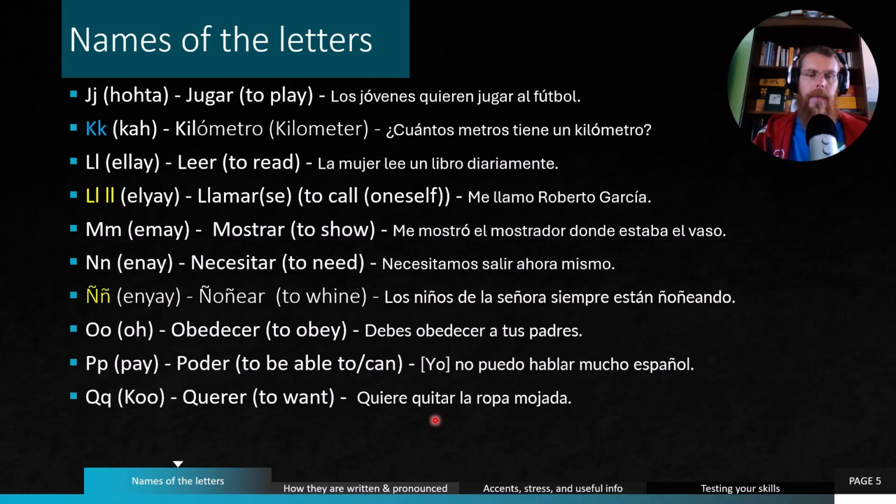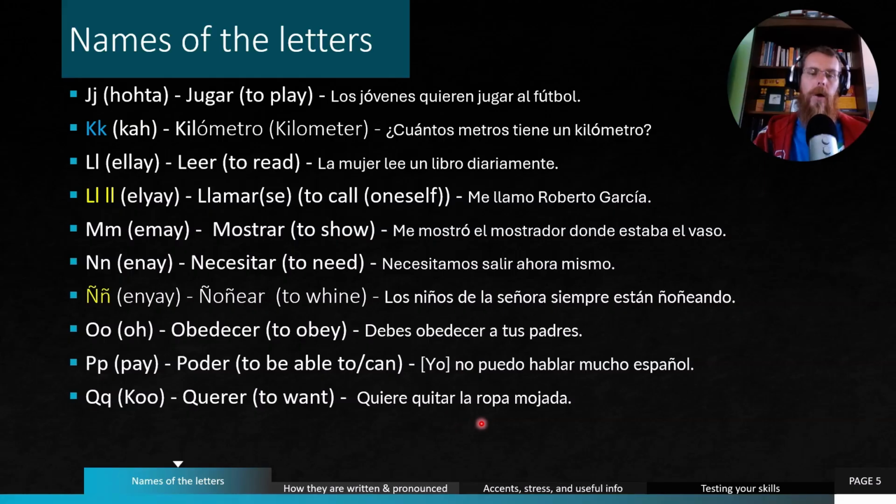Quiere quitar la ropa mojada. So quiere could mean he wants, or she wants, or even you formal want. Quitar is to remove.